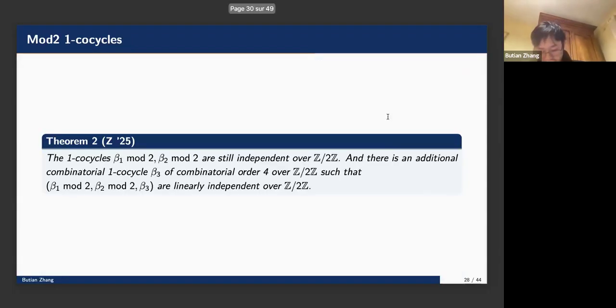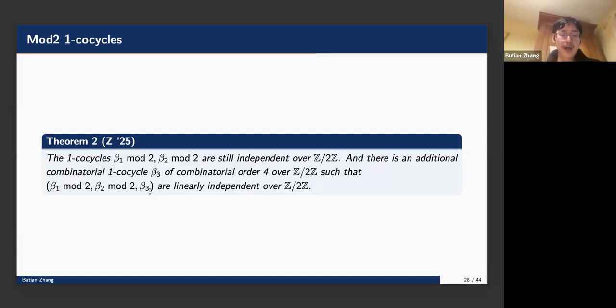And over Z mod 2, there is one more one cocycle, which we call beta 3. Beta 1 and beta 2 survive mod 2 also, and these three turn out to form a linearly independent set of one cocycles over Z mod 2.